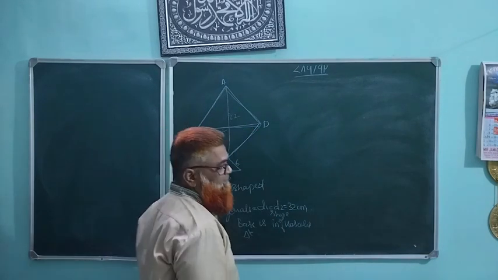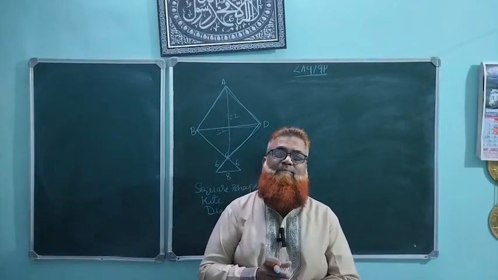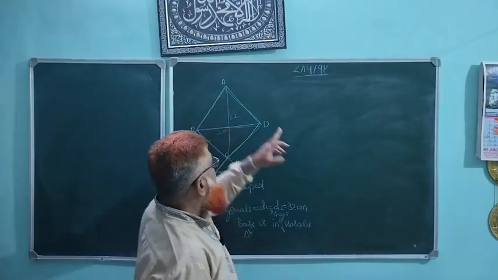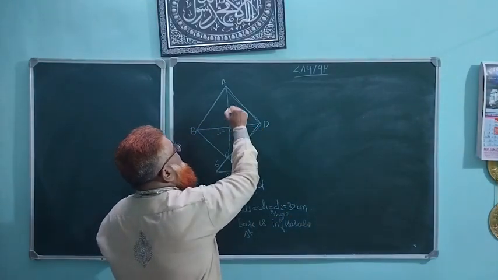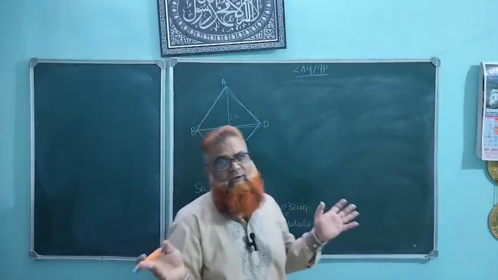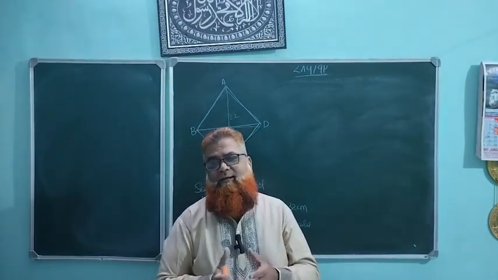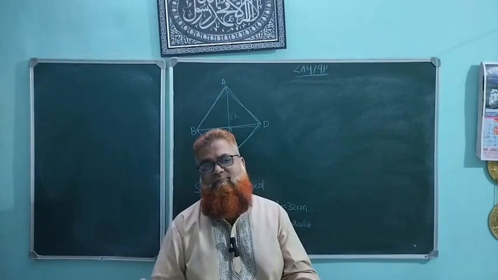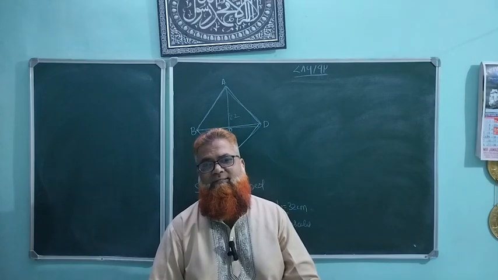As we know, the diagonals of a square bisect each other at right angles. Suppose the center is O, then each half is 16, so two sides are equal, and a square is divided into four congruent triangles by its two diagonals.